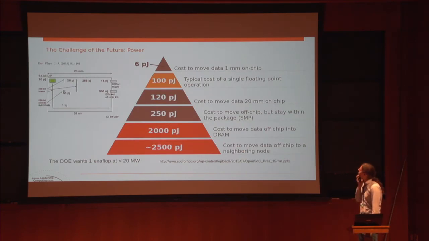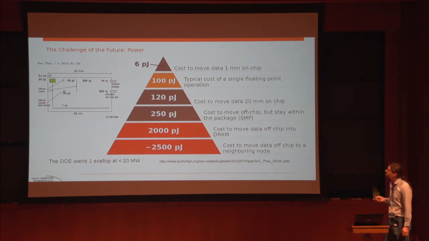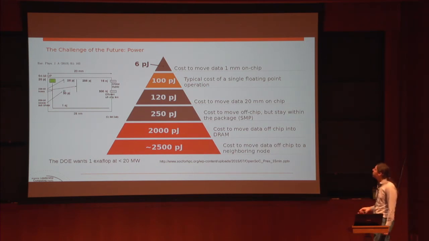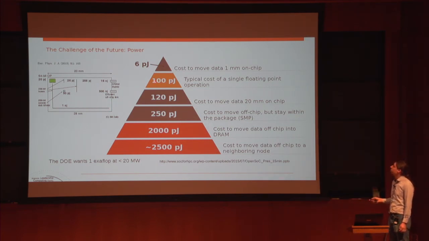I do want to say a quick word about challenges for the future. The largest challenge that we see for the future of supercomputing has to do with data movement. This is a chart which I won't go through in detail that explains why. In summary, it takes far less energy to do a computation, say a floating point computation, than it does to move the data to the CPU to do that computation.